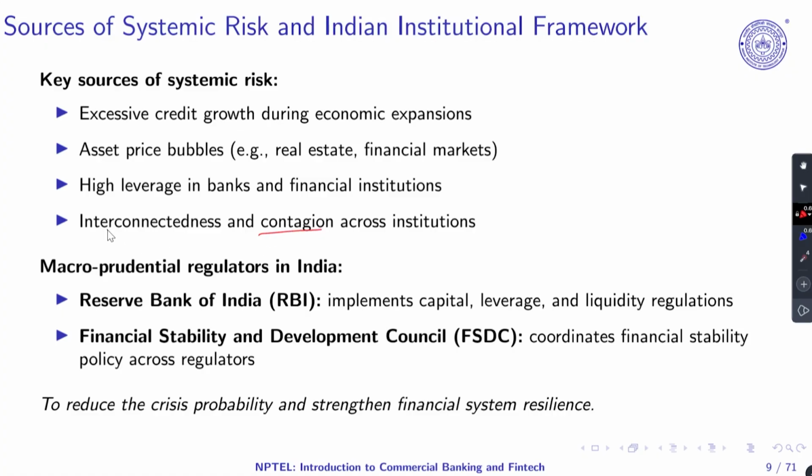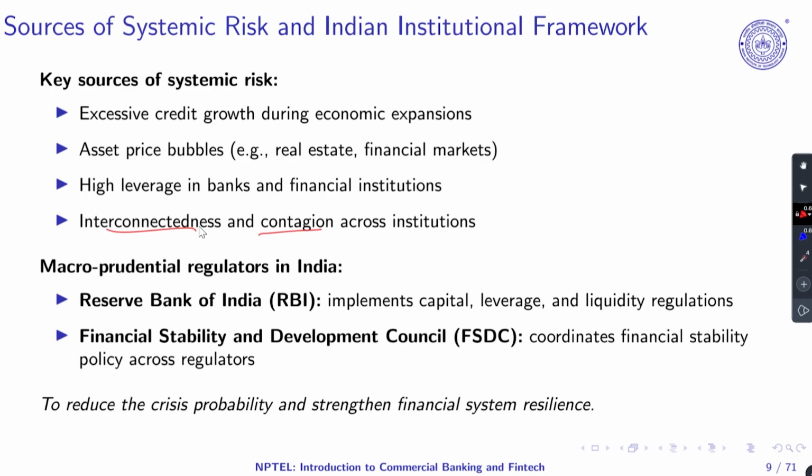Then there is interdependence, or you can say integration. Integration does not explicitly take into account the crisis period. So the contagion definition is basically when you are measuring the correlation during the crisis period.